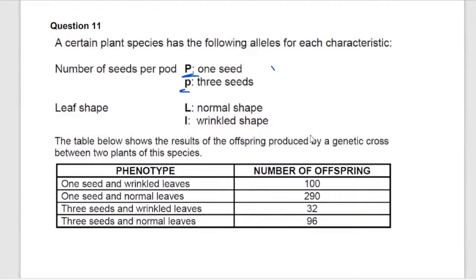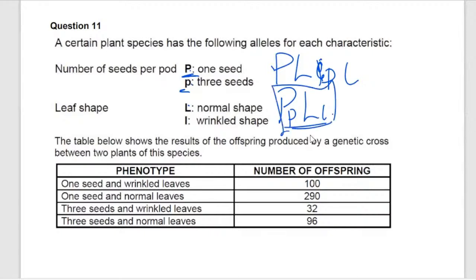don't repeat the letters before you finish. For example, the genotype of this can be capital P, capital L. Then another one is small p, small l. The ones which are the same, you combine them: capital P, small p, capital L, small l. So this becomes the genotype of the parent. I'm just trying to show you how you identify.